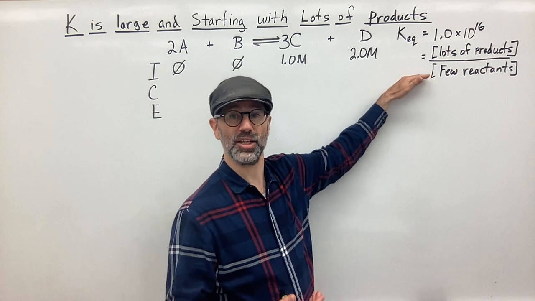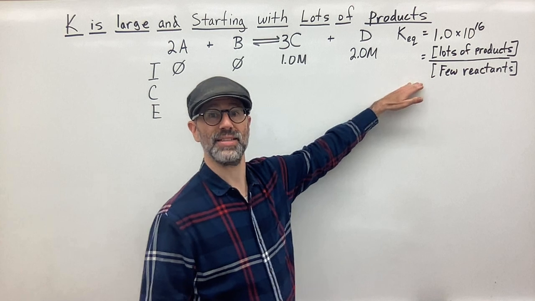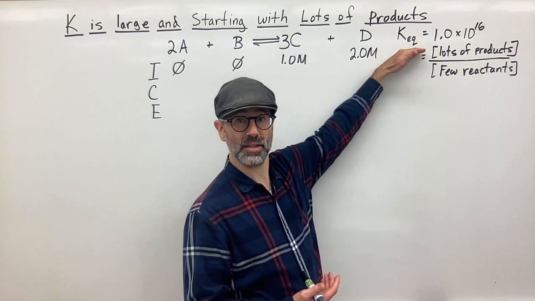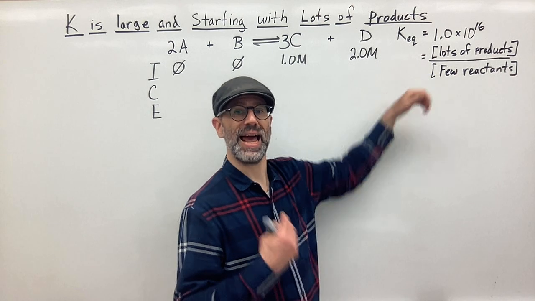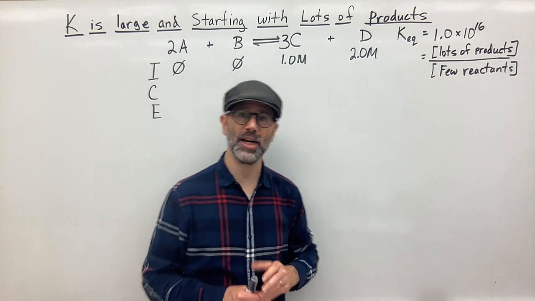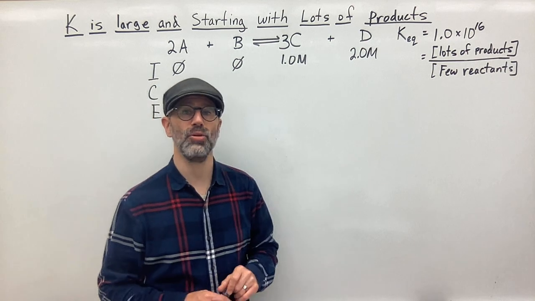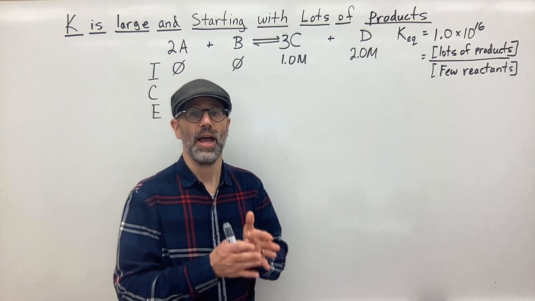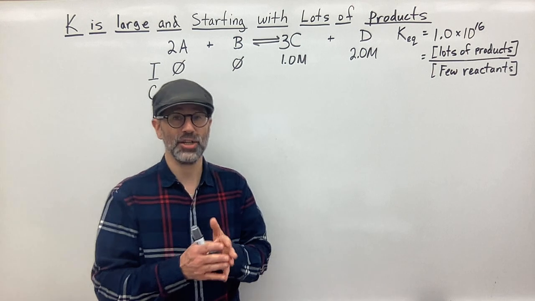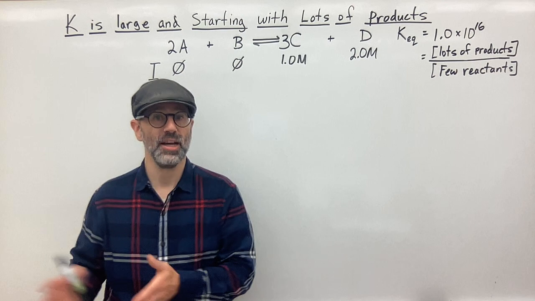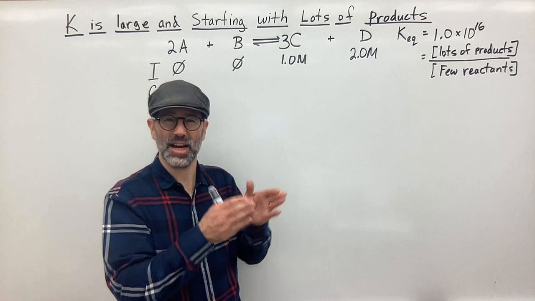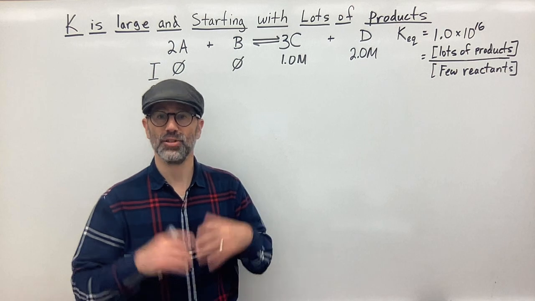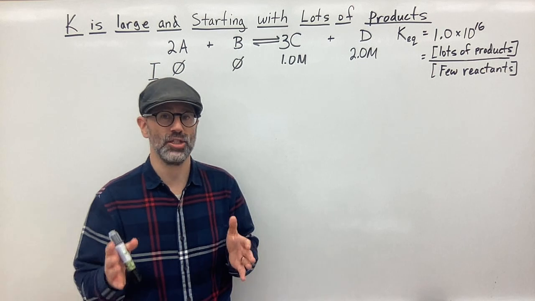If our KEQ is very, very large, that means that our products are heavily favored. So we have a lot of products and very few reactants at equilibrium. The large KEQ is indicating that the equilibrium favors products, so at equilibrium, this reaction is going to have a lot more products compared to reactants, and a very, very tiny amount of reactants. That's what you need to understand about a very large K value.